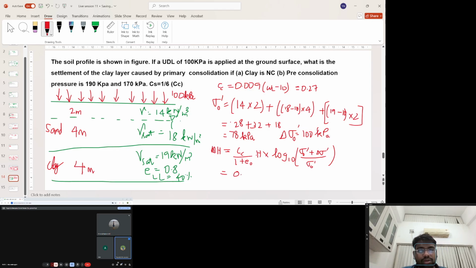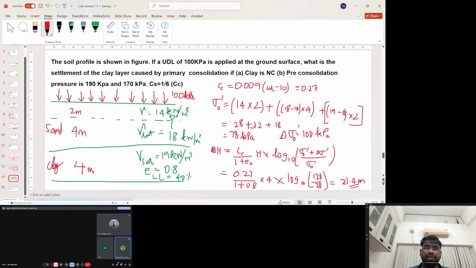So this will be 0.27 by 1 plus 0.8 into 4 into log 10 of 178 by 78. How much are we getting? 0.214. It is 21.4 centimeters, right? Yes, sir.